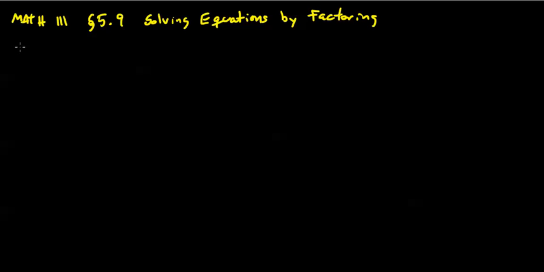Well, let's take a look back at where we've been. Let's say in Chapter 2, as you might recall, we were asked to solve equations that more or less look something like this: 2x minus 3 equals 8.